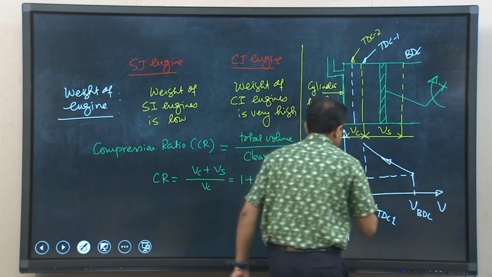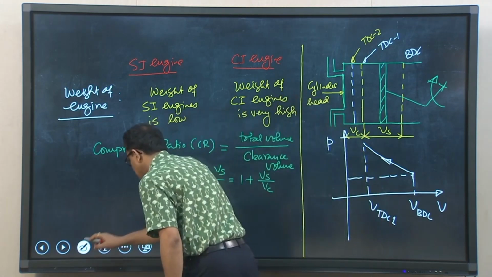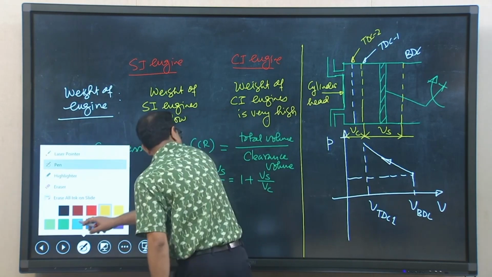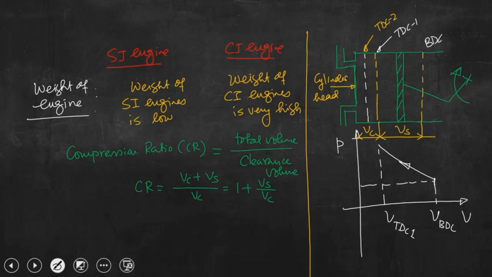So, if we now look at what we can see, I mean just if we plot, so if this is VTDC 2, then we can see volume will reduce during the compression stroke definitely.